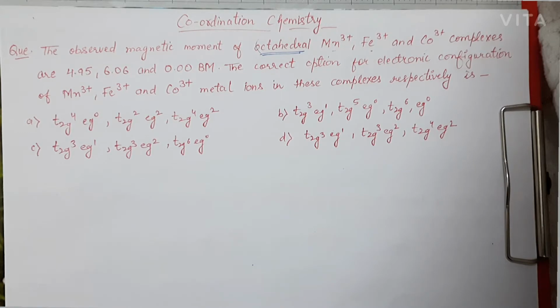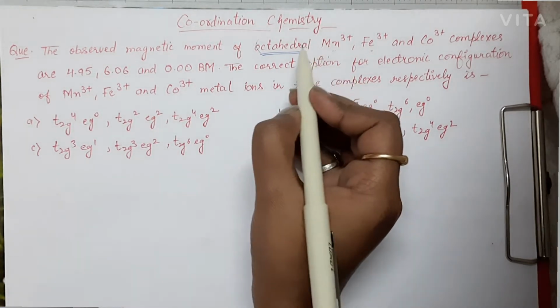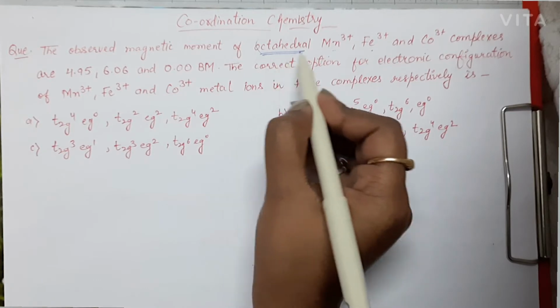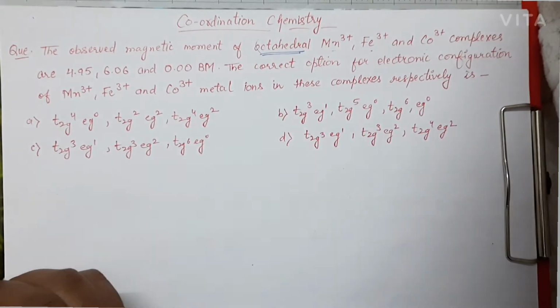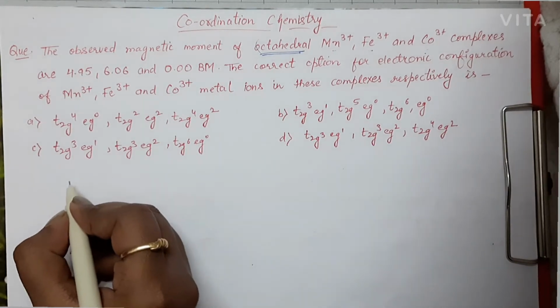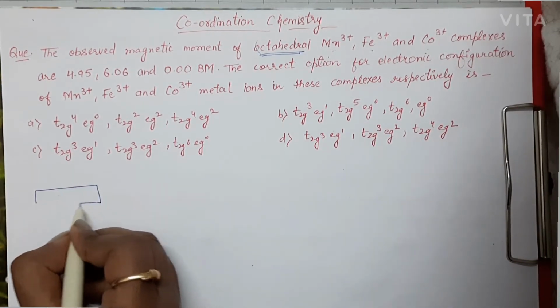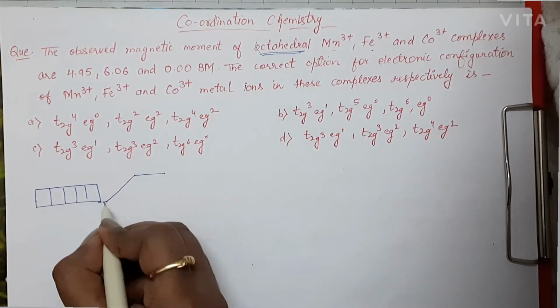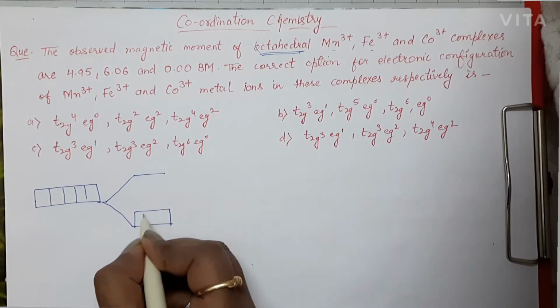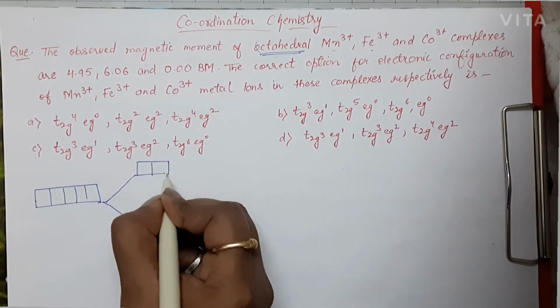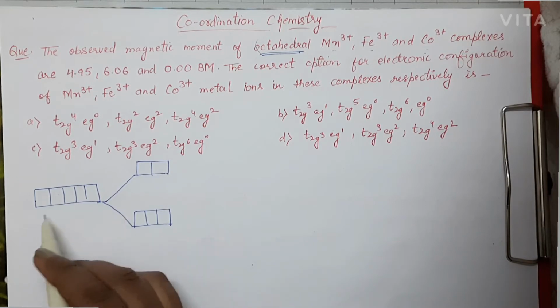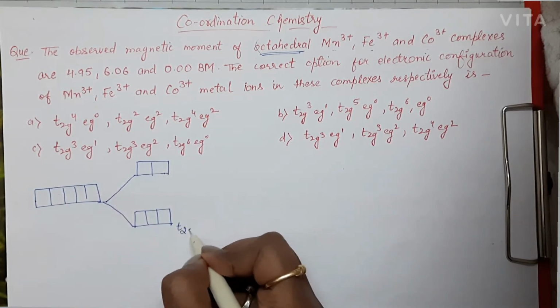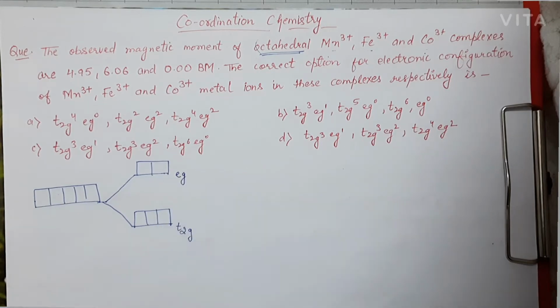So what basically we have to do is, first of all, we have complexes which are octahedral. So what will be the type of splitting in those complexes? That will be like this, right? These will be the d orbitals, these will be the set of t2g orbitals, and these will be the set of eg orbitals. So this will be the type of octahedral splitting in these three complexes.